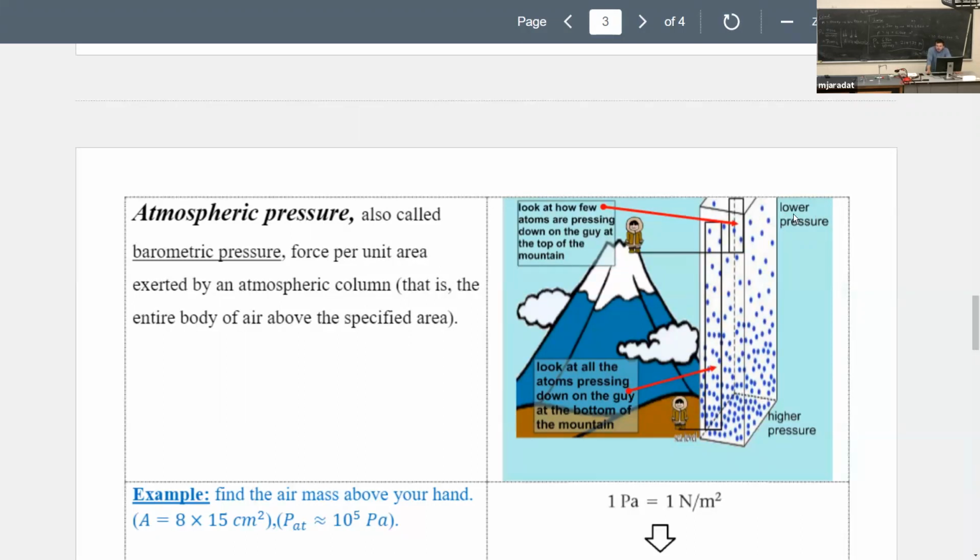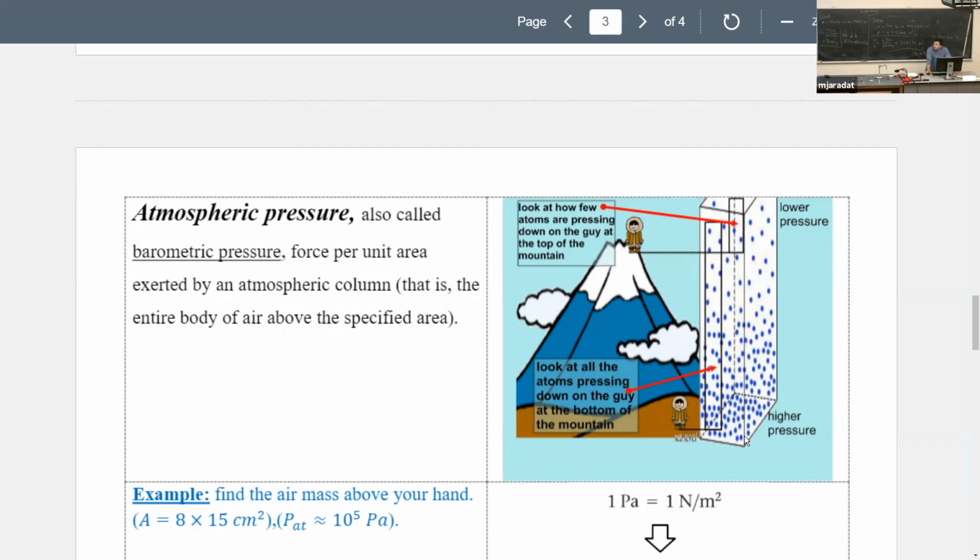So here at the top we have low density. Because of that, we have low pressure here. Here at the surface of the earth, or the ground, we have more density, and all of this column is above us. Because of that, we have higher pressure, because we have more mass.